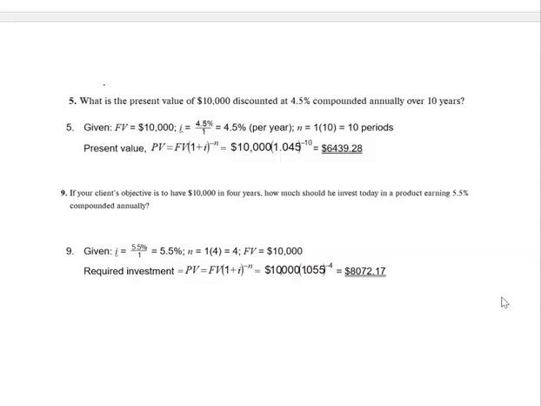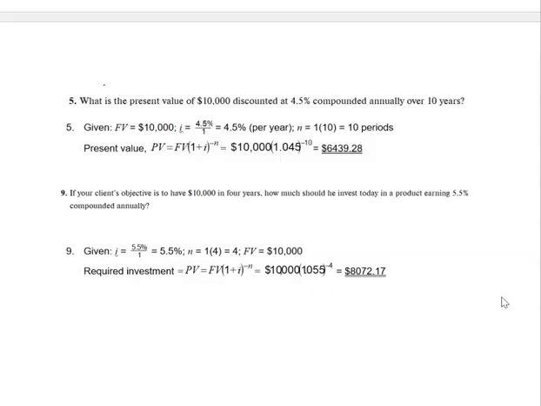So again, we're trying to figure out what the present value is. So we've got 10,000 as our future value. In our brackets, which is your 1 plus your periodic interest rate, is 1.045. So we put 1.045 into our calculator.